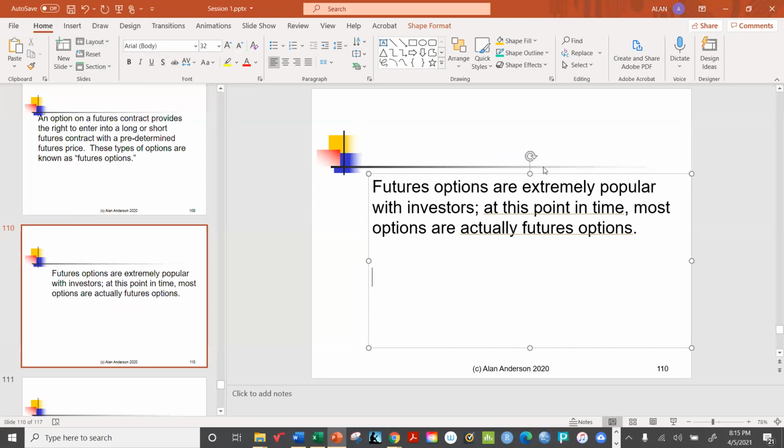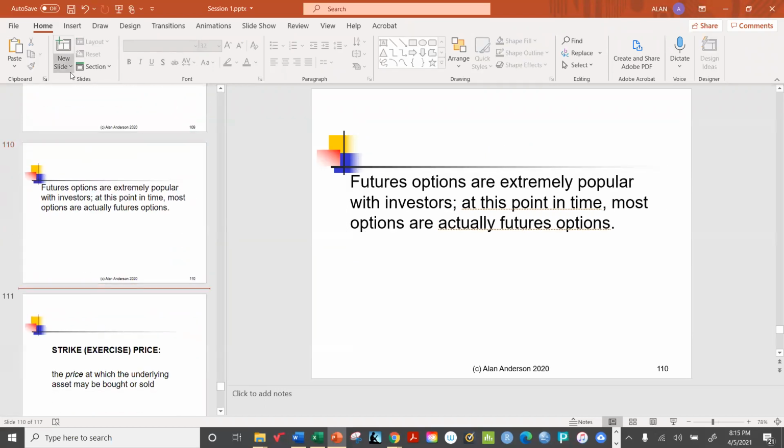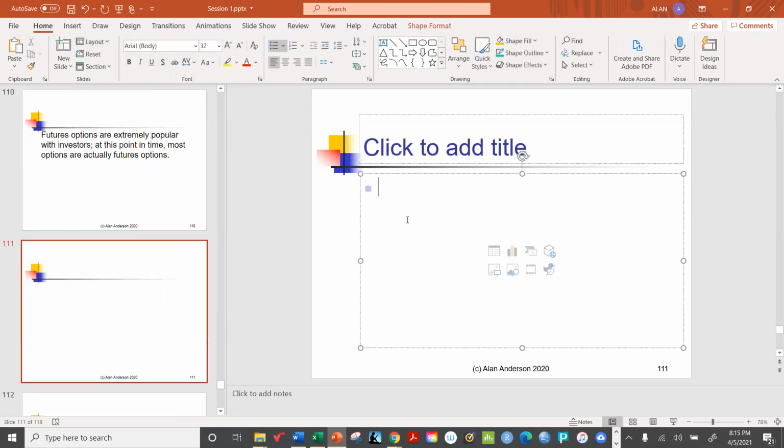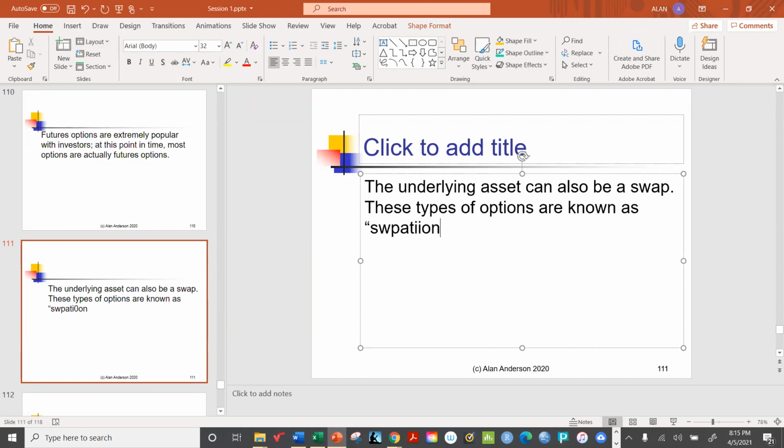Also, which I didn't mention here in the slides, another underlying asset can be a swap. Okay, the underlying asset can also be a swap. These types of options are known as swaptions. Yes, they are. That's the actual name, swaptions.